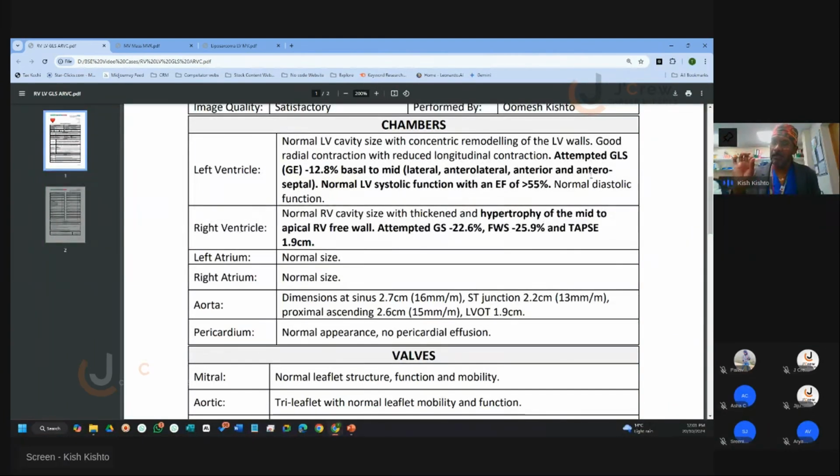But like I said before, if the EF is normal here and then the GLS is abnormal, then it's not a normal function of the LV cavity.